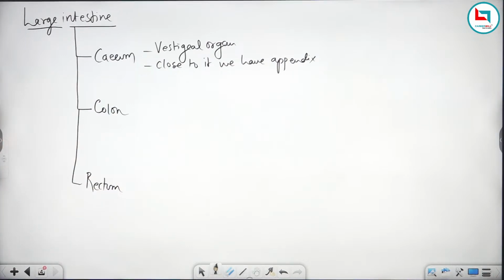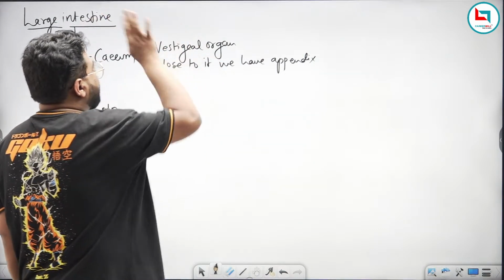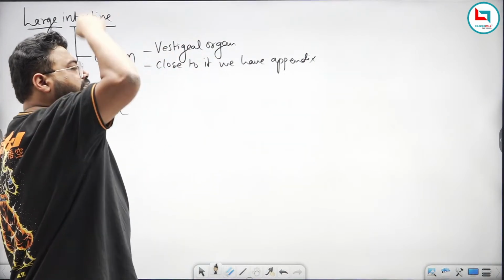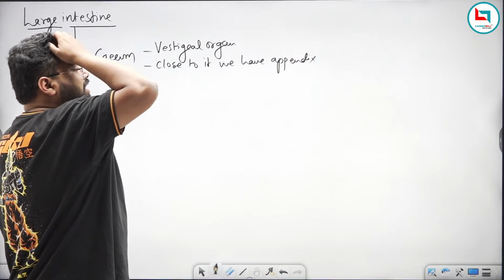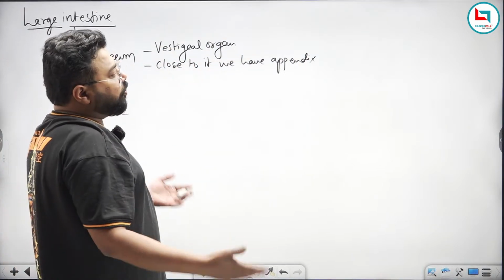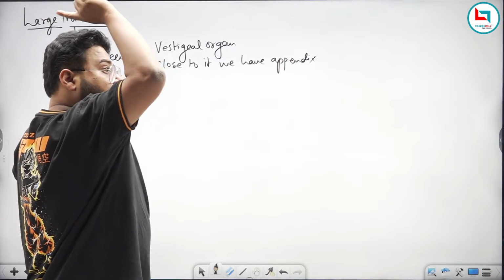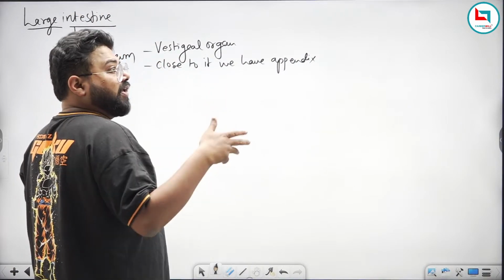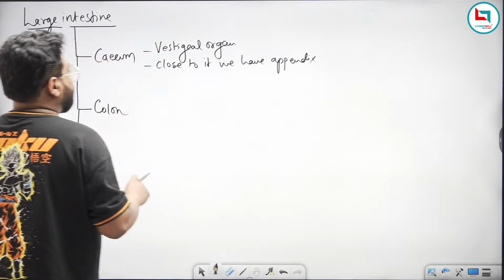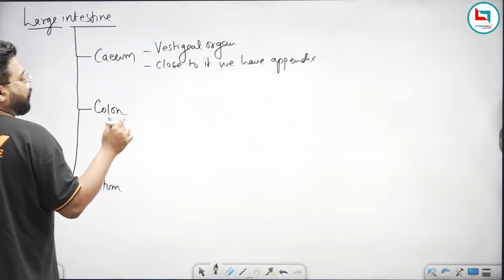Though it is not completely vestigial for the body, as it helps in maintaining our immune system, it is completely vestigial for digestion. Earlier, when we were evolving, some bacteria used to reside over here. Because of the presence of those bacteria, at that time we could eat grasses and easily digest cellulose. But nowadays, we can't digest cellulose.